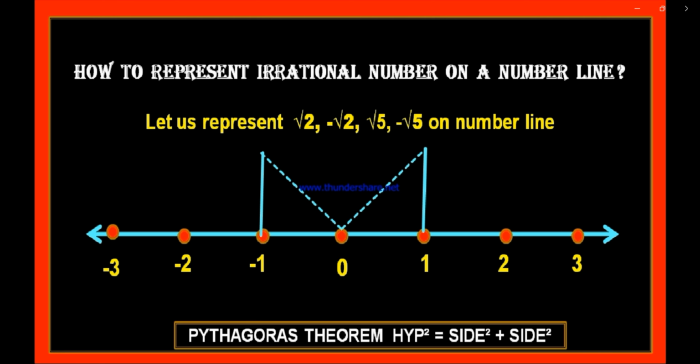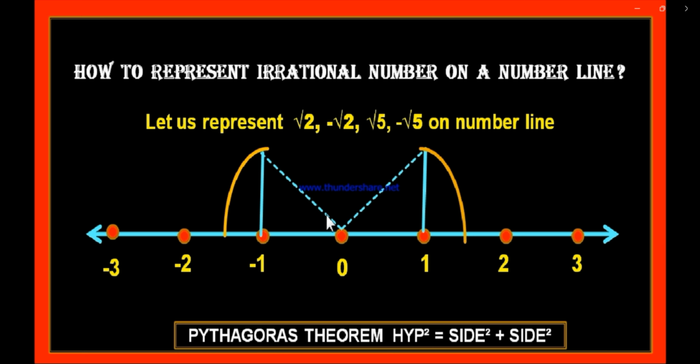Understood? Now, what to do is, let us keep the point of the compass at 0 and stretch the compass up to this point and draw an arc like this. Understood? You draw an arc like this. This arc may cut the number line at a particular point.